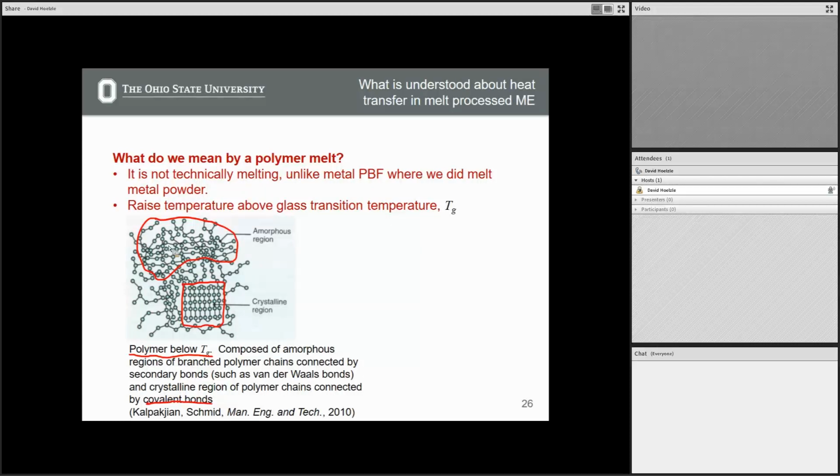That's basically breaking down these secondary bonds here. This is also a reversible process. So if you thermally cycle this, it'll go from above the glass transition temperature to below it. I guess you do a lot of polymer processing as well, so please speak up if you think I'm not representing something correctly.